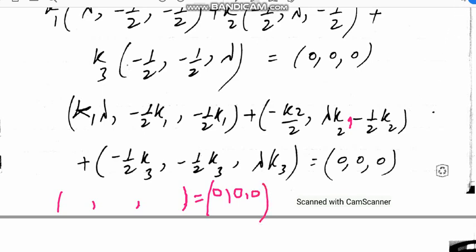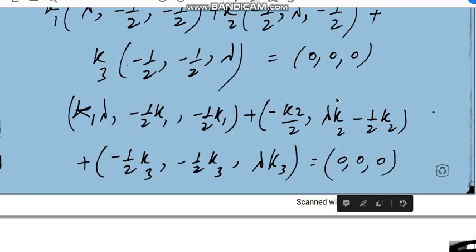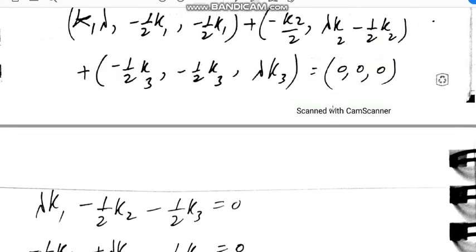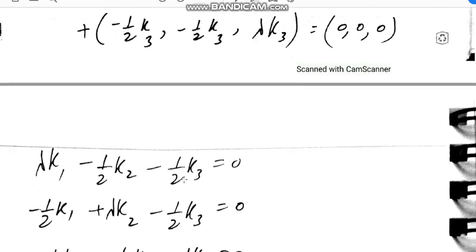Now our left-hand side says the first component is equal to 0, from there we get equation number 1, then equation number 2, and then equation number 3.